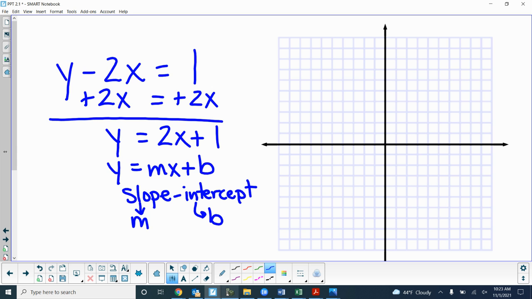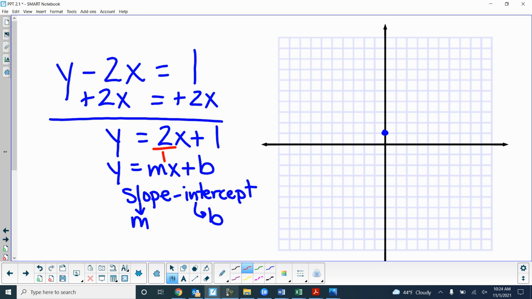The y-intercept, meaning what, Evan? Yeah, where it crosses or where that number is on the y-axis, right? All right, so what I would do is go to 1 on the y-axis, and then I would make this into a fraction.